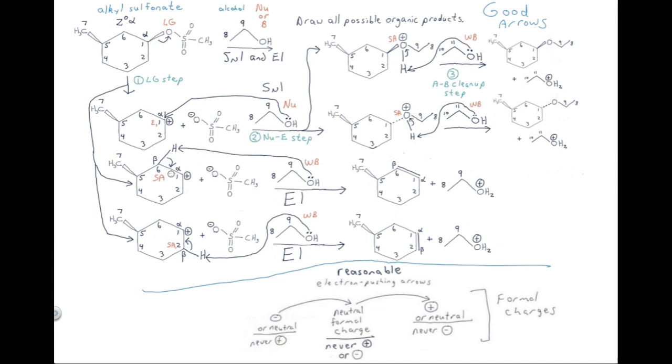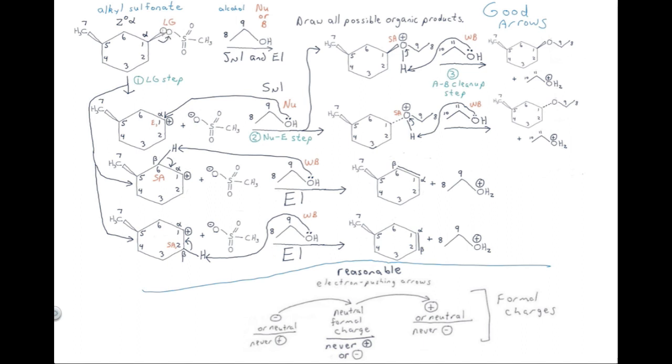In this step, carbon-1 is receiving electrons at the end of this series of arrows, and that makes sense because carbon-1 has the positive formal charge. Again, in this step, carbon-1 is receiving electrons at the end of the series of arrows, which makes sense because carbon-1 has the positive formal charge. So in most of these examples, we were able to put a positive formal charge at the end of the series of arrows.